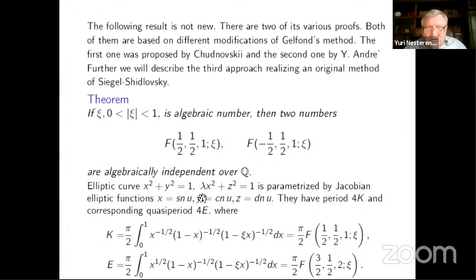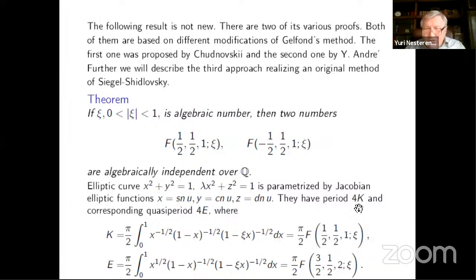This is a sketch of the Chudnovsky proof, very short. We take this elliptic curve with three variables, x, y, z, and it is parameterized by the Jacobi elliptic functions sn, cn, dn. u is a variable.